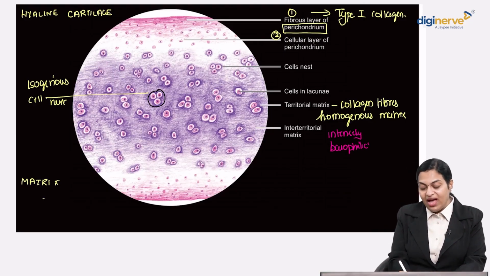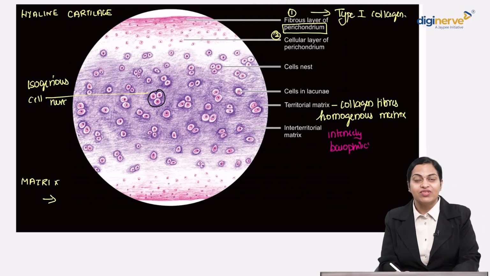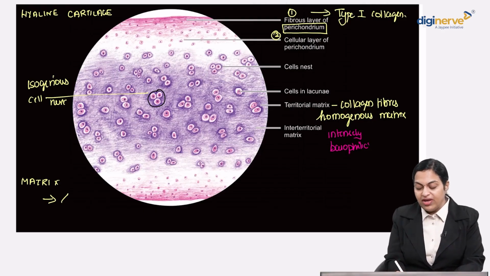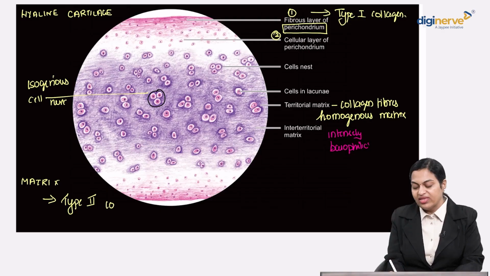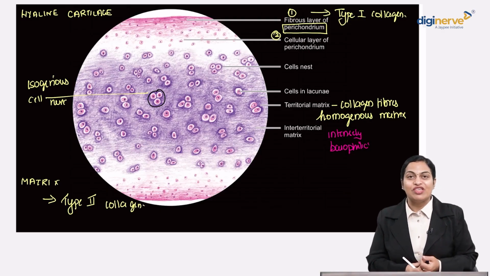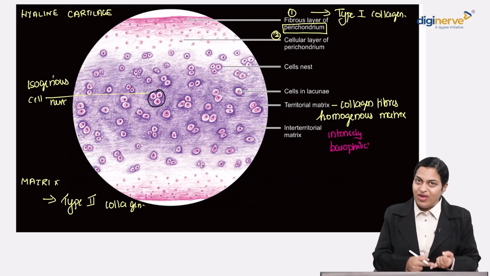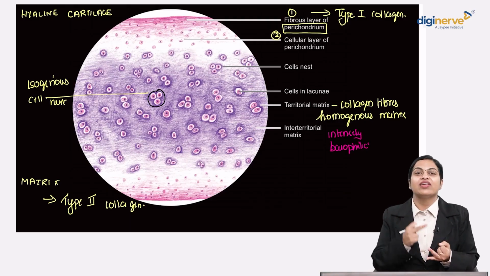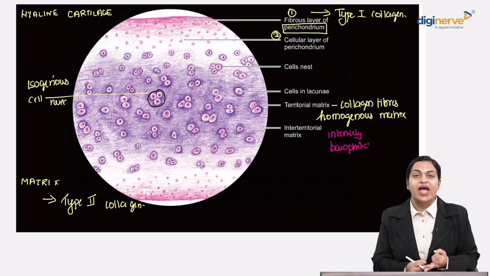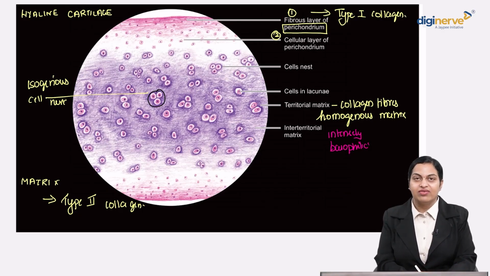And the matrix, the collagen fibrils, I told you, have the same refractive index and it appears transparent. The fibers present there are made up of type 2 collagen, right? So come on, let's summarize the features of hyaline cartilage. It has a perichondrium, the cells are arranged in isogenous cell nests, and what type of matrix do we have? Intensely basophilic homogeneous matrix, right?